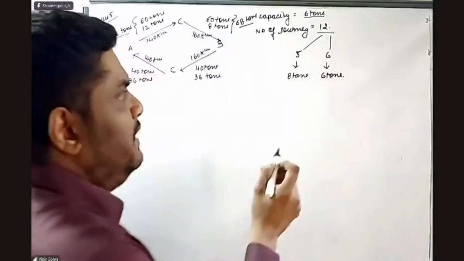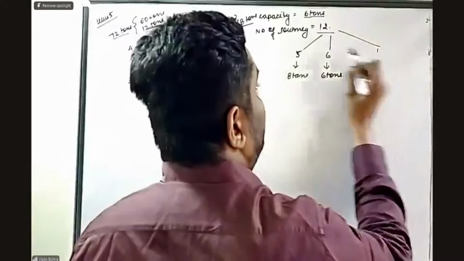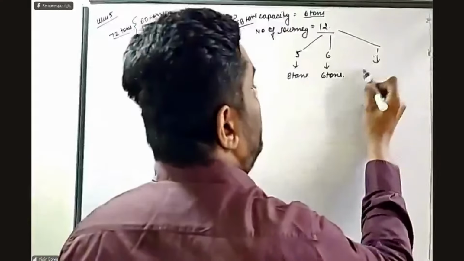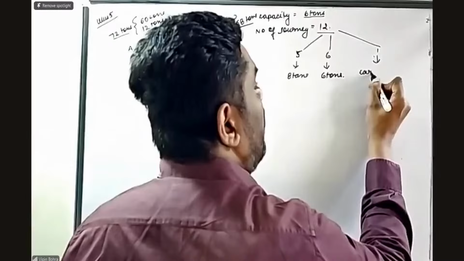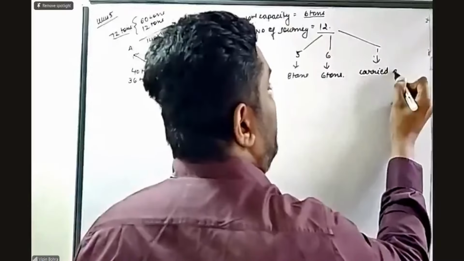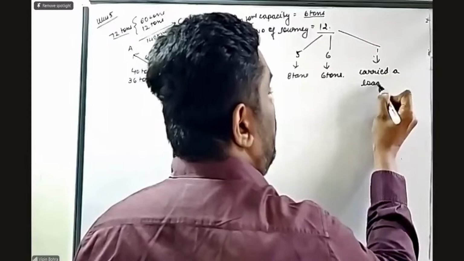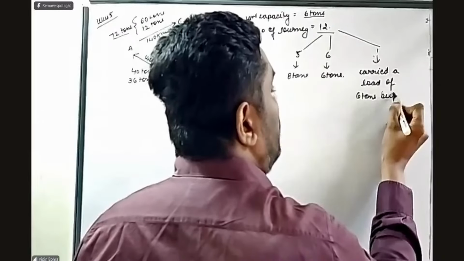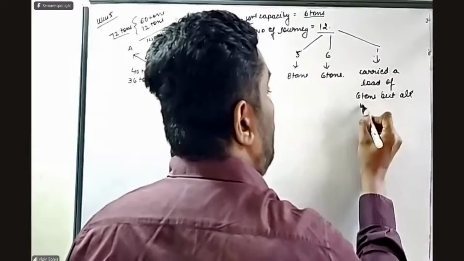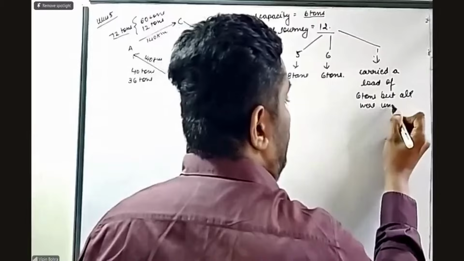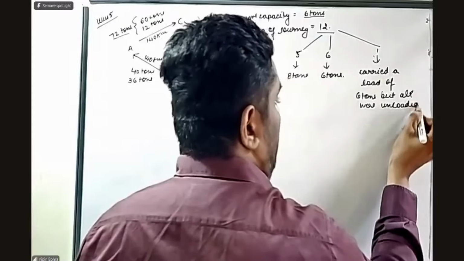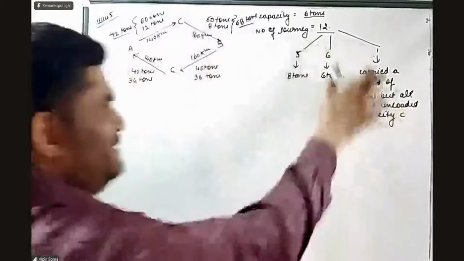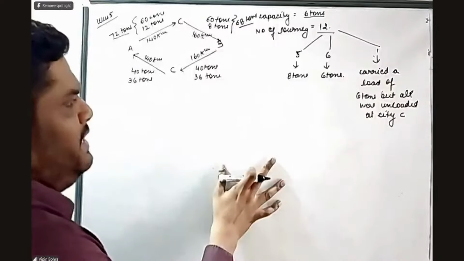So in the last journey, total 12 journeys are there, 5 plus 6, 11. 1 carried a load of 6 tons, but all were unloaded at city C. So this is just the language of the question, I'm writing it in an easier way.